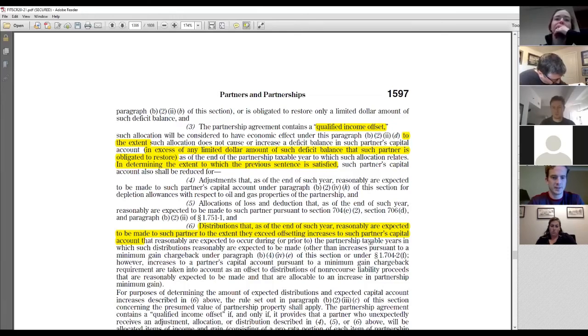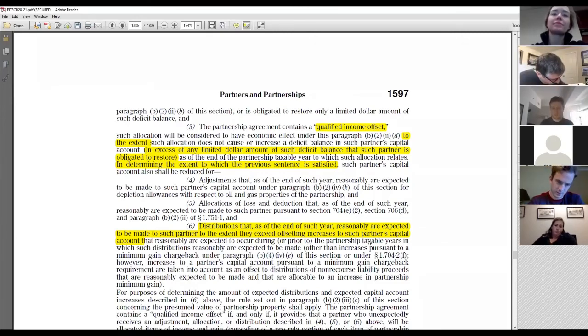Let's think about something. If we expect to have profits in the future and we're going to distribute those profits, well, then we're not going to have problems because the profits will increase your capital account, distributions will reduce it, and it'll just be up and down and it won't have any effect. So we're worried about distributions that are not matched by capital account increases.